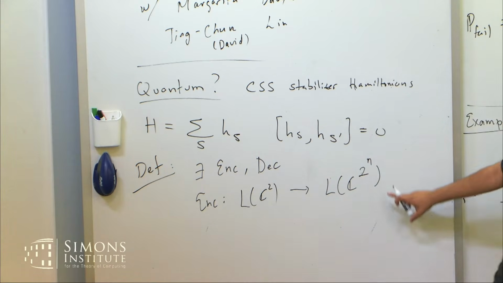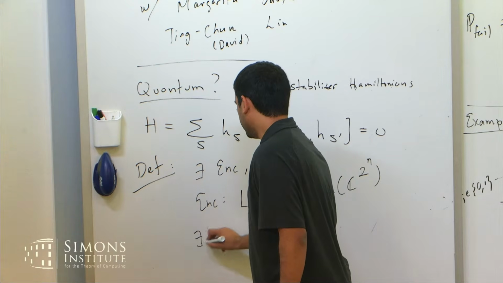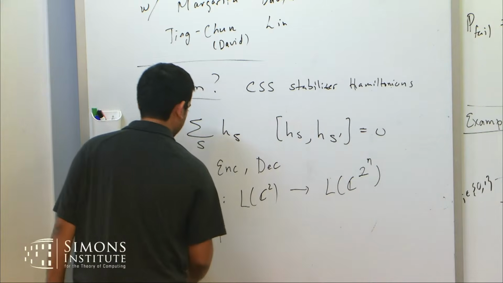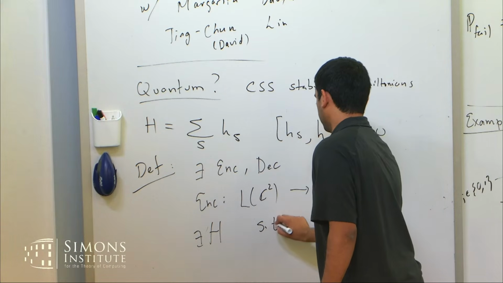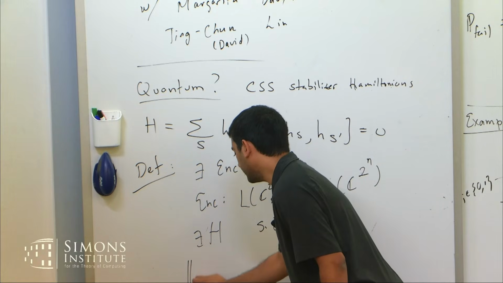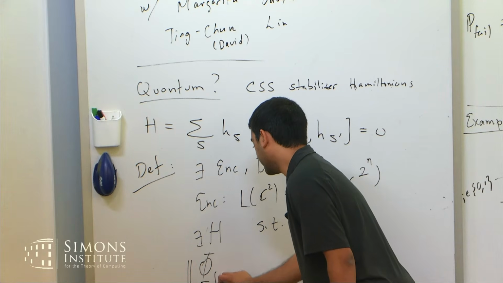The decoding map similarly does the opposite thing. We need to define these encoding and decoding maps, and we also need to define a Hamiltonian H such that, well, now instead of the failure probability, we're just going to write a statement like this.